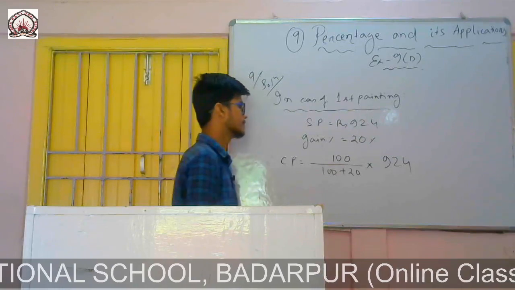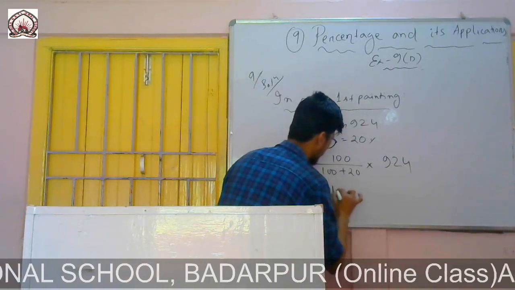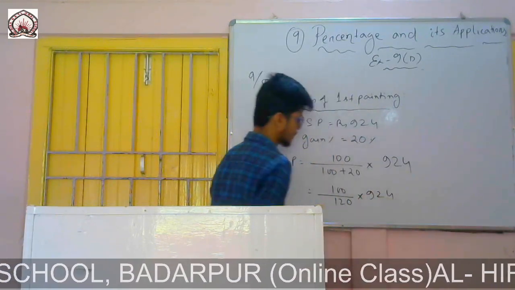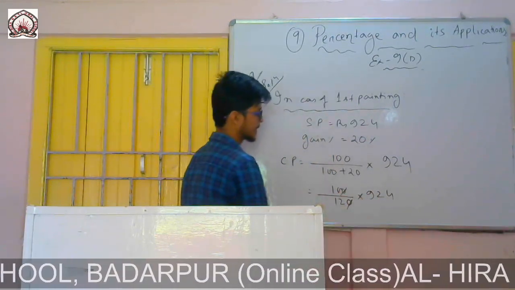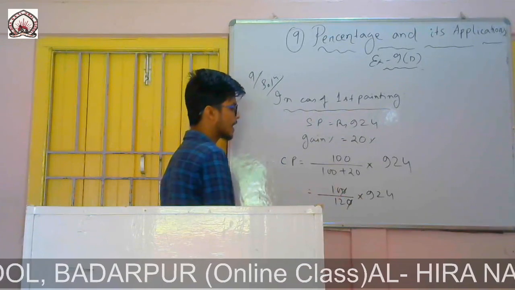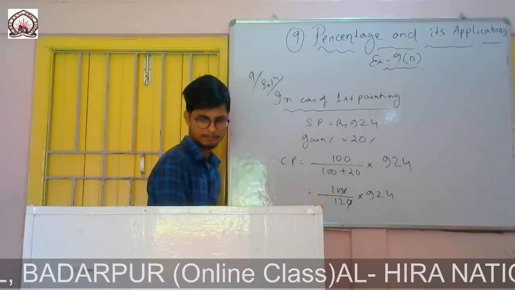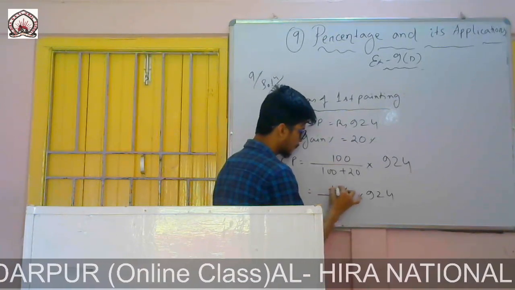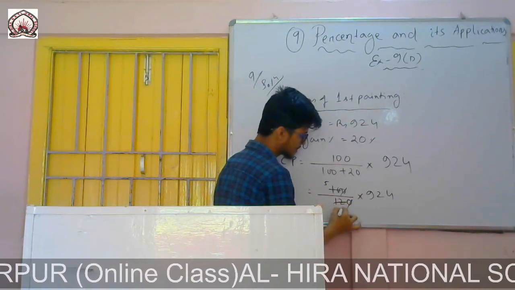So now we will solve this one. It will be 100 by 120 into 924. So 10 and 10 I can cancel. There are 12 left and there it is 10. So if I simply cancel this, 2 5s are 10 and 2 6s are 12.